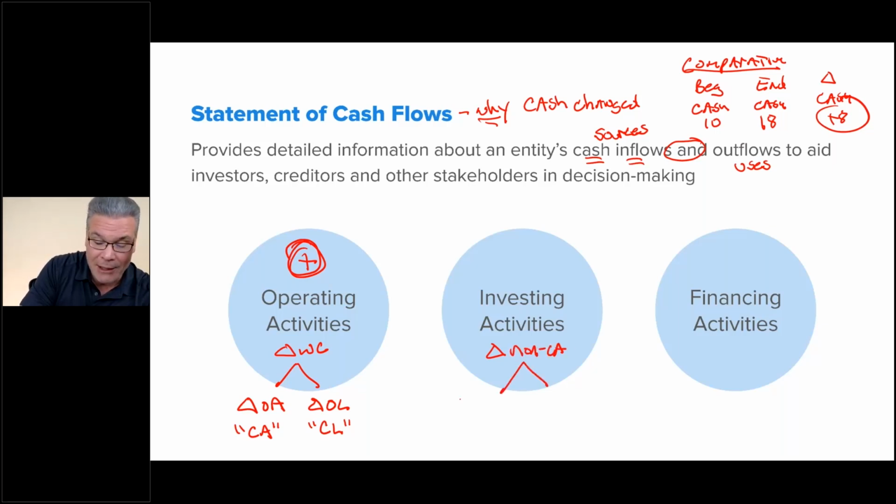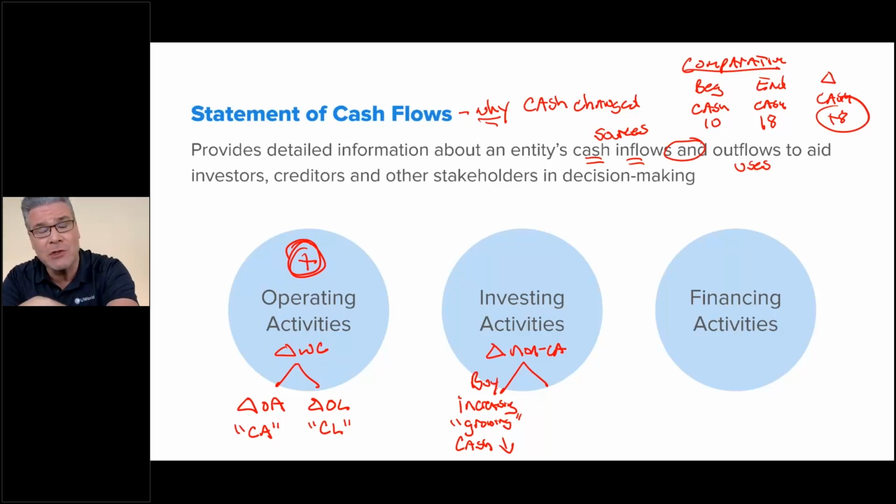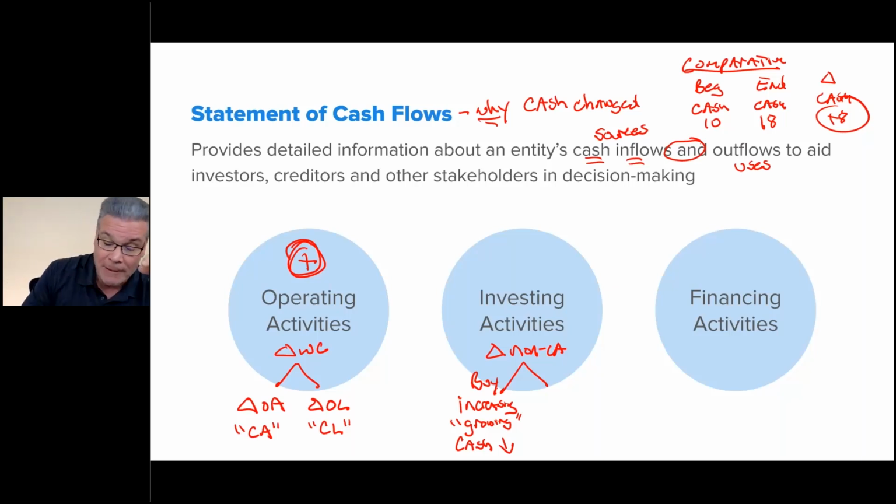Now, folks, if your non-current assets are increasing, you're growing. So that means you're opening more stores, you're buying more PP&E. Although cash is going in what direction? Down. When you're on the buy side, increasing the number of stores, the number of factories, although cash is going down in the short term, you're hoping those investments are going to generate sales in the future.